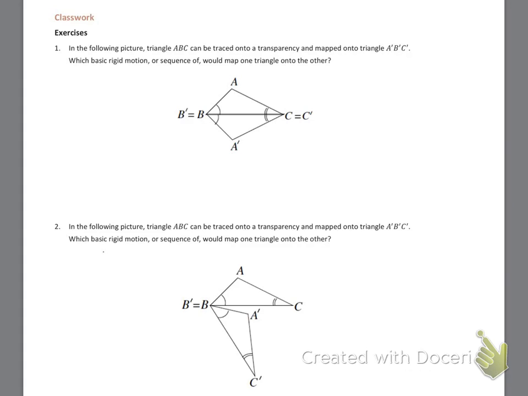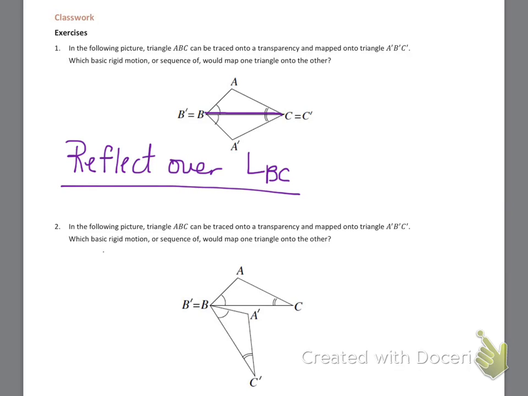A clearer answer would be to say reflect over line BC, the line containing the points B and C. So we want to reflect over line BC, and that would map them together.